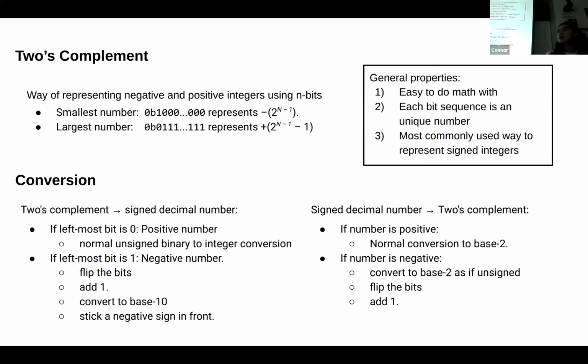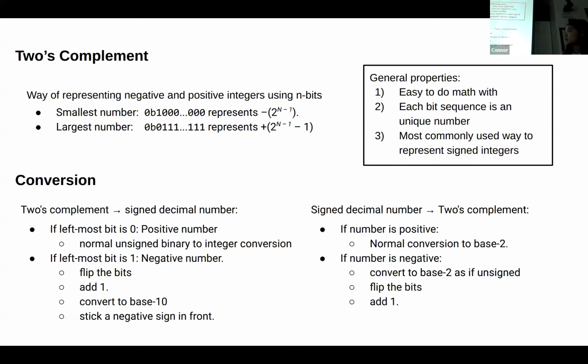Okay, so the number system that we usually use for signed numbers is 2's complement. It's a way of representing negative and positive integers using n bits. The smallest number is 0b1 with all zeros, and it represents negative 2 to the n minus 1.